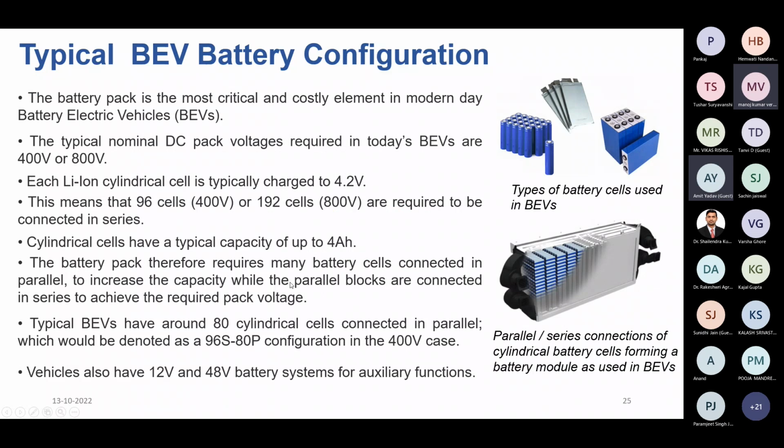Typical batteries in EV configurations have 96 cells for 400 volt and 182 cells for 800 volt, where a typical capacity for a cylindrical cell is 4 ampere.